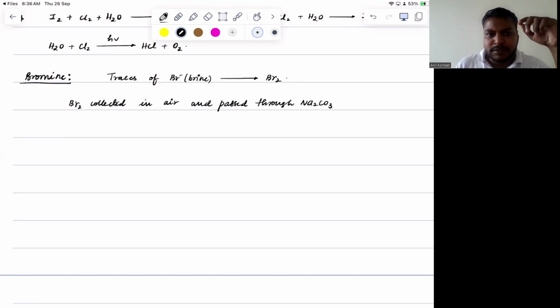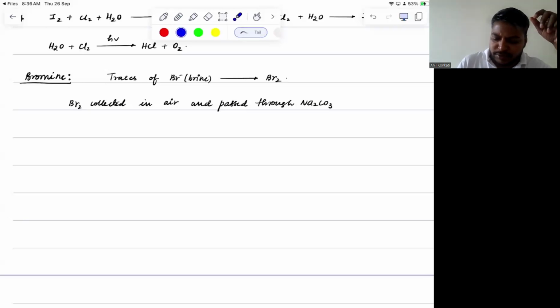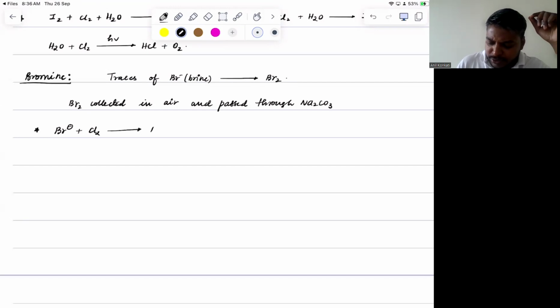Now, what would happen is when you get Br2 out, see, this is what we will see. I'll write the reaction. See, Br minus, which is present in sea water, I have Cl2 which has been formed, and that will convert this into Br2 plus 2Cl minus.